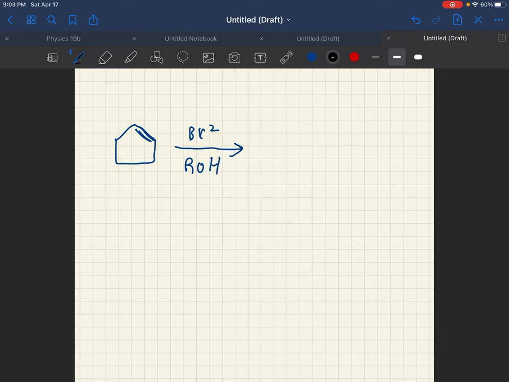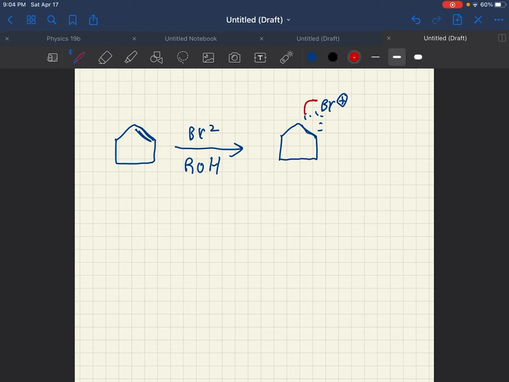All that happens here is this. And then, since there is no regioselectivity, it could go either here or here. It doesn't really matter because there's no electron deficient difference. So no matter what you do, either way would be correct.